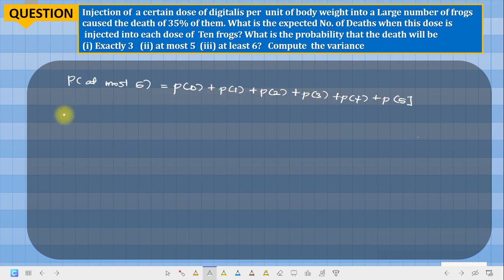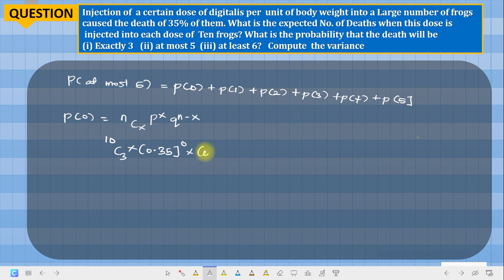Now let's take the first one, the probability that none will die. That will be what? n combination x. That's our formula. p raised to the power of x, q raised to the power of what? n minus x. Now substituting in, our n is 10, our p is 0.35, which is raised to the power of our x, in this case what? 0.